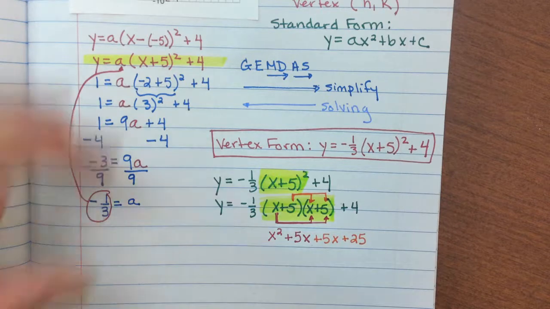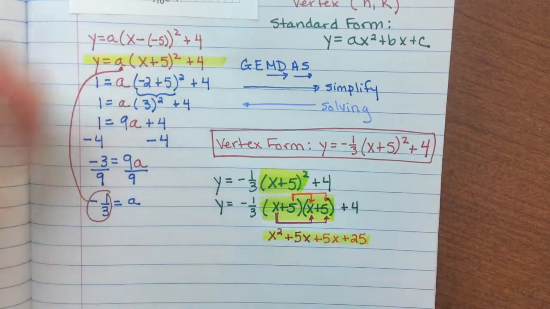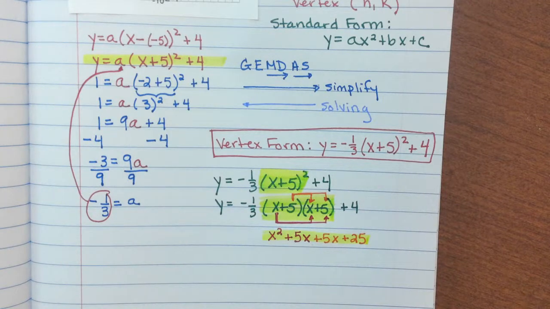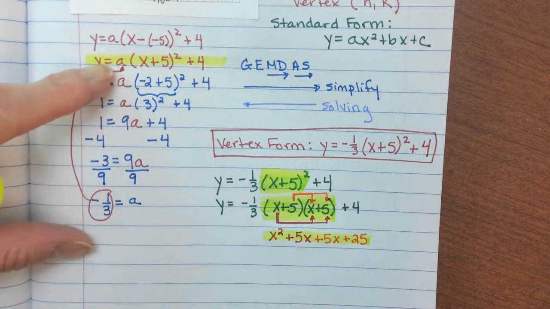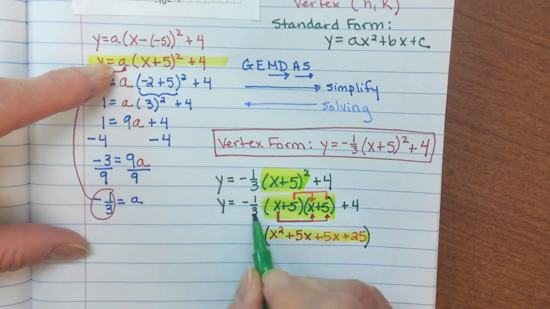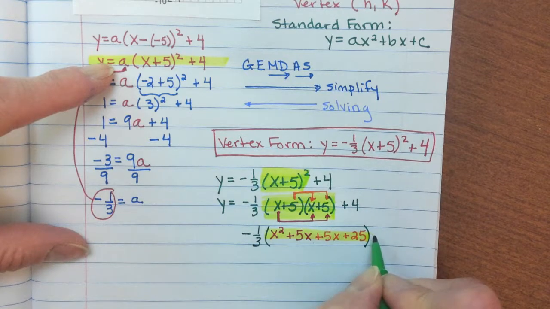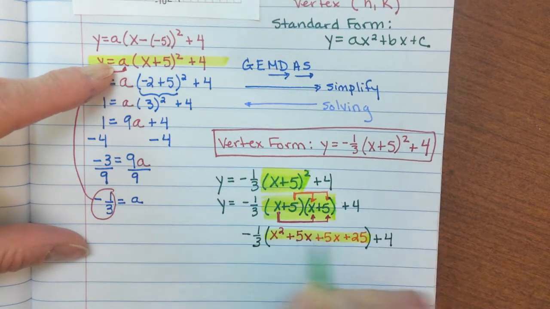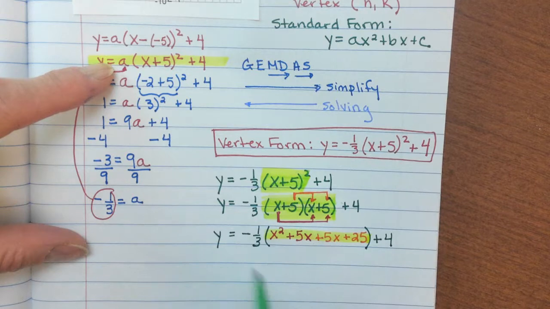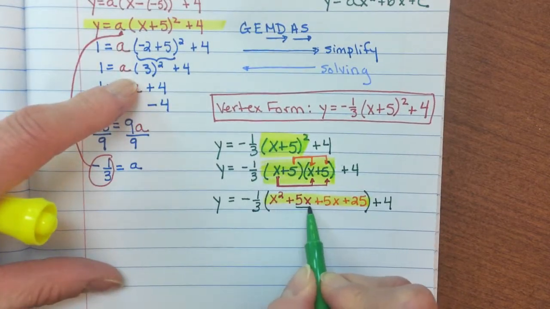Okay, so remember, this is all in yellow. That is one number, so I have to remember to keep that inside the parentheses, because all of this is being multiplied by negative 1/3, and I also have this plus 4 here on the outside. So I can simplify this.